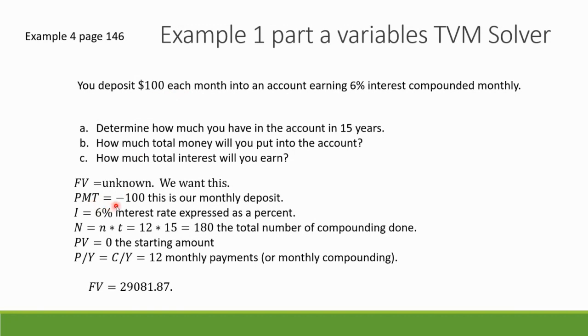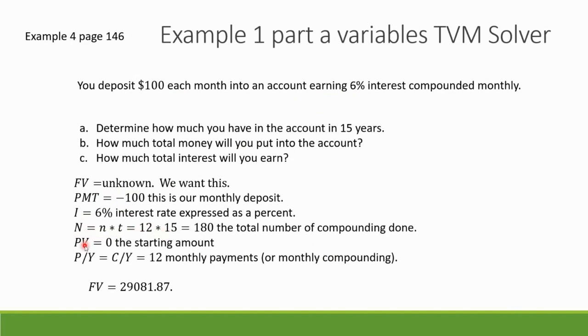Again, we're putting money into an account, so it's technically a negative number for the TVM solver. The interest, I, is 6%. Capital N, remember, is little n times little t, which is how many times compounding is done. So that's 12 times per year, times 15 years is 180 times.